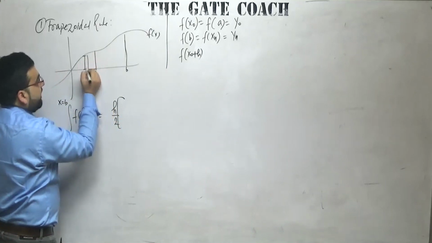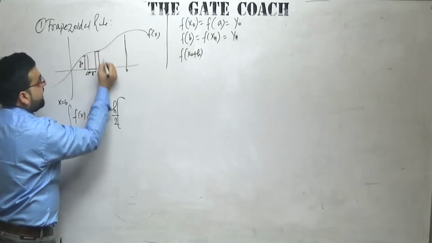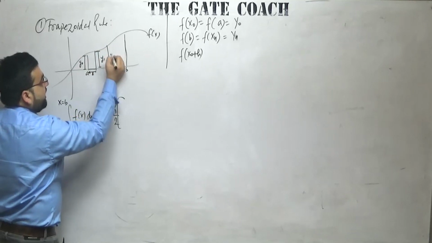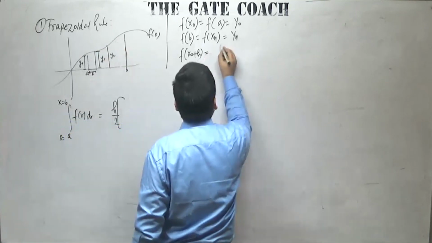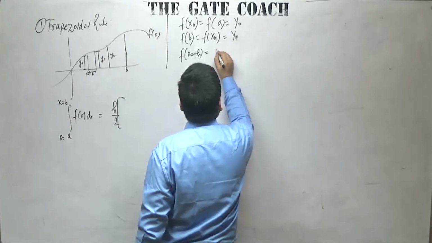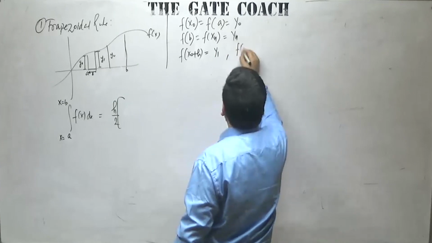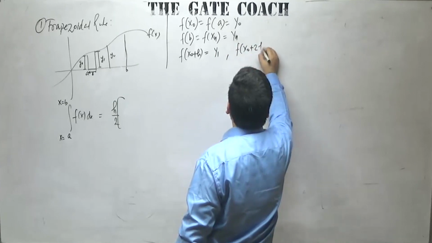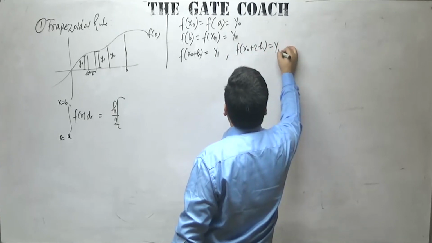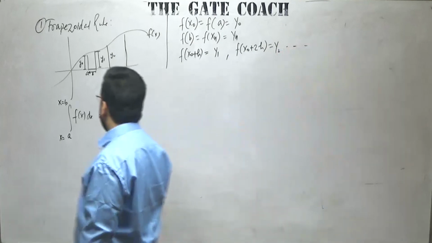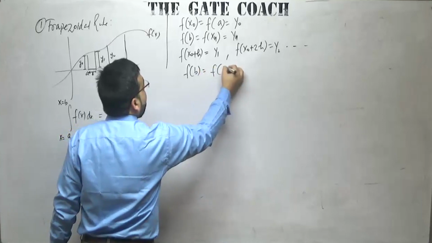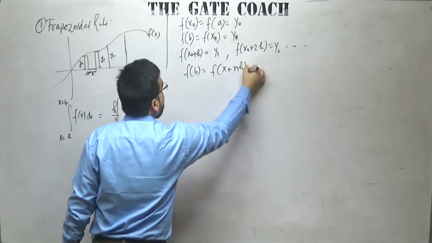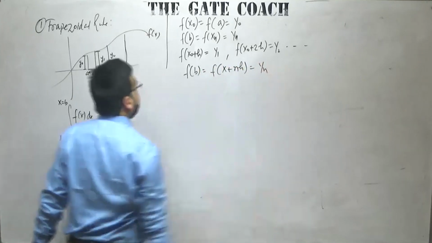So this is my y naught, this ordinate is my y1, this ordinate is my y2, and so on. F of x naught plus h is equal to y1. F of x naught plus 2h is equal to y2, and so on. This is f of b, which is f of x naught plus nh, equal to yn.